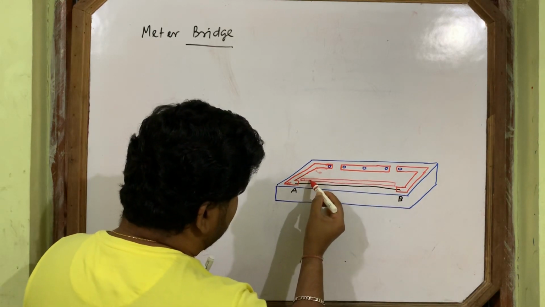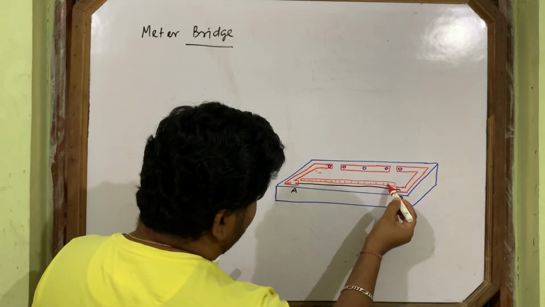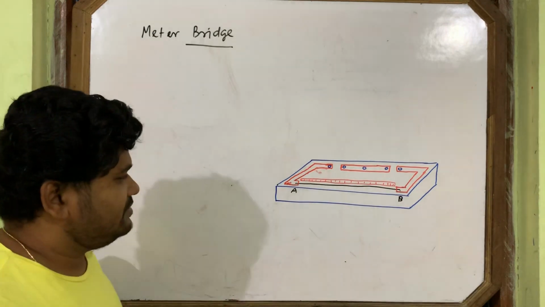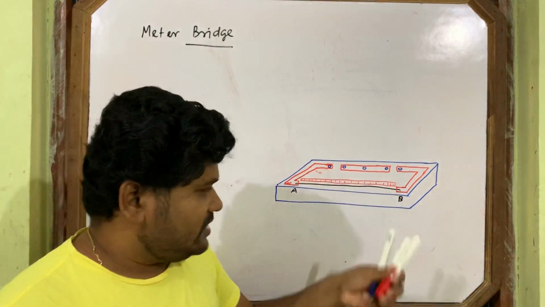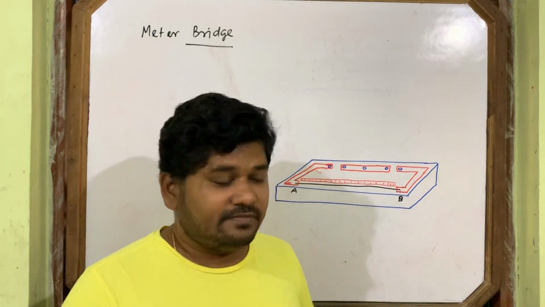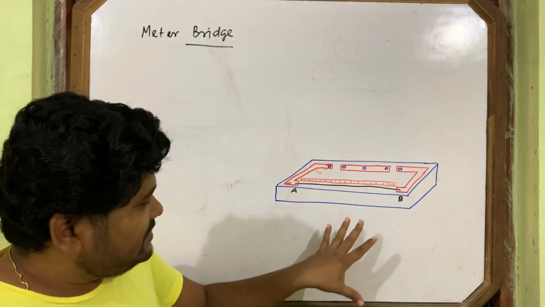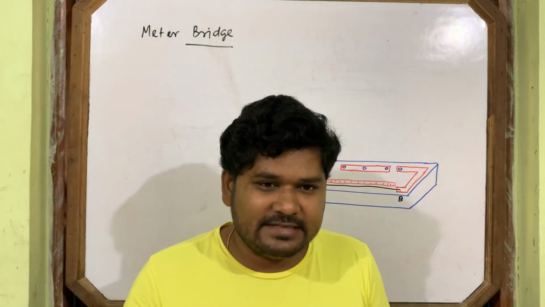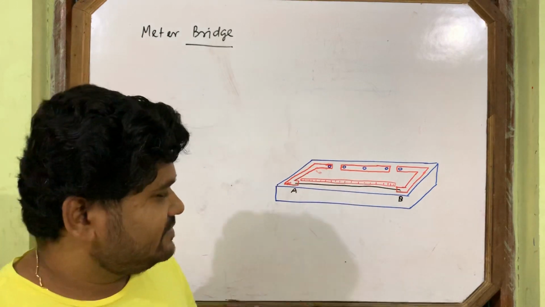This is the meter scale, also fitted on the wooden block. This type of device you will get on the table of the practical lab.